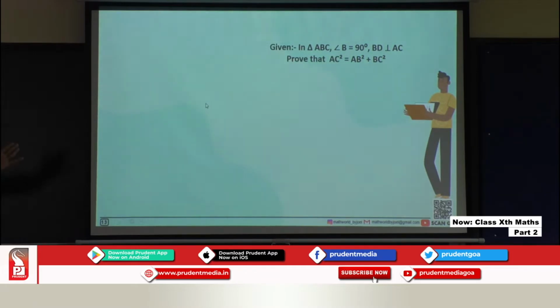Because the square of the hypotenuse is equal to the sum of the squares of the other two sides. So here I have the triangle, and angle B is 90 degrees. So I have marked 90 degrees over here, and BD is perpendicular to AC.